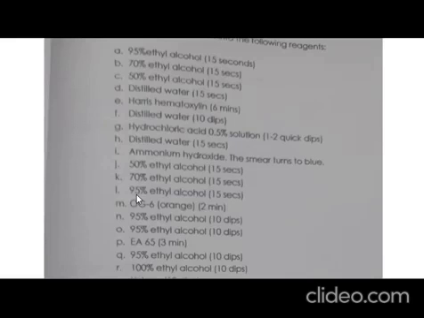Okay, so that's the purpose. Okay, after dehydration, after immersing it to increasing grades of ethanol, you subject it to orange G6. Or you immerse it in orange G6.